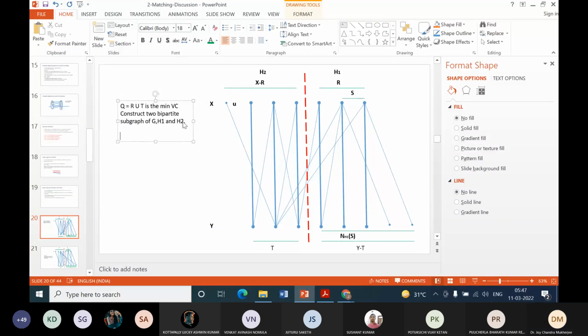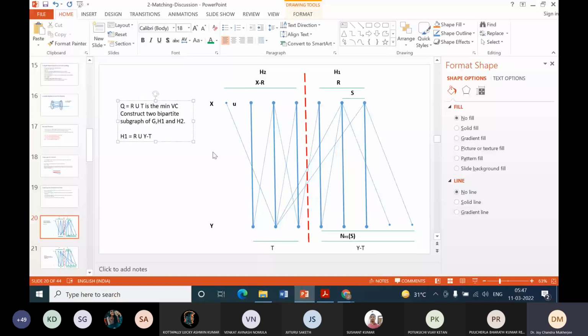H1 has vertices R union Y minus T. ये T है, T के अलावा जितने भी वर्टेक्स हैं R के साथ इस वर्टेक्स का मैं एक बाइपार्टेट सबग्राफ बना देता हूँ.